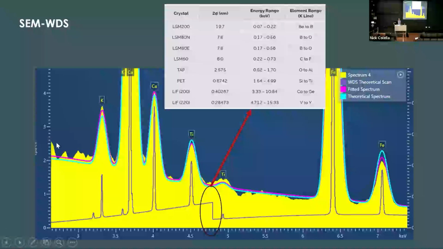And you can see that the background of the EDS, which we see in the yellow, is this sloping, gently curving, typical Bremsstrahlung shape. The background for the WDS is based on the shape of the crystal intensity. And unfortunately, that's non-linear across the diffracting range of the crystal.